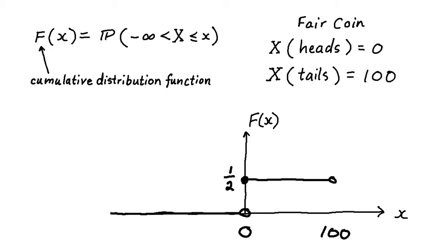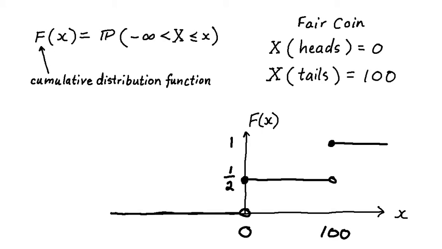Here we get a second jump. When lowercase x hits 100, the function takes on a value of 1. That's because we are guaranteed at this point that capital X is less than or equal to 100. Of course, beyond 100, the function stays at a height of 1. We're also guaranteed that capital X is less than or equal to any real number that exceeds 100.